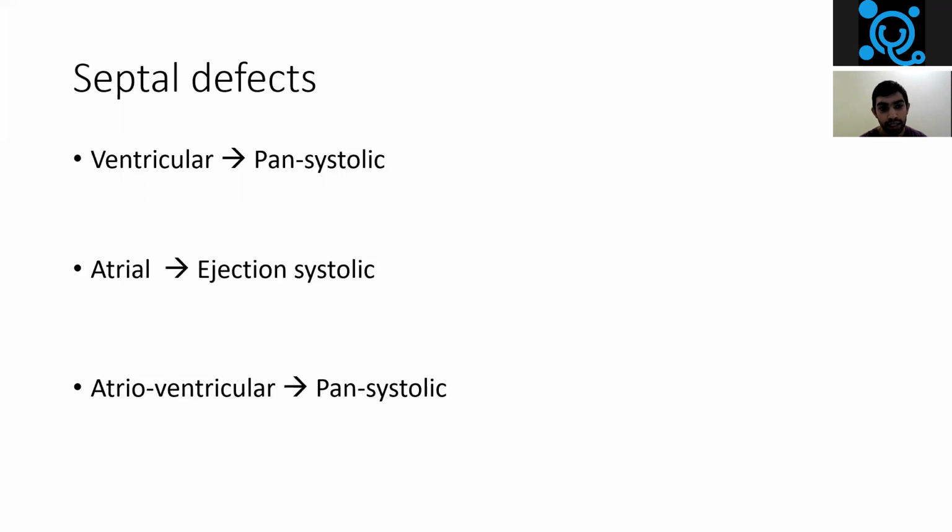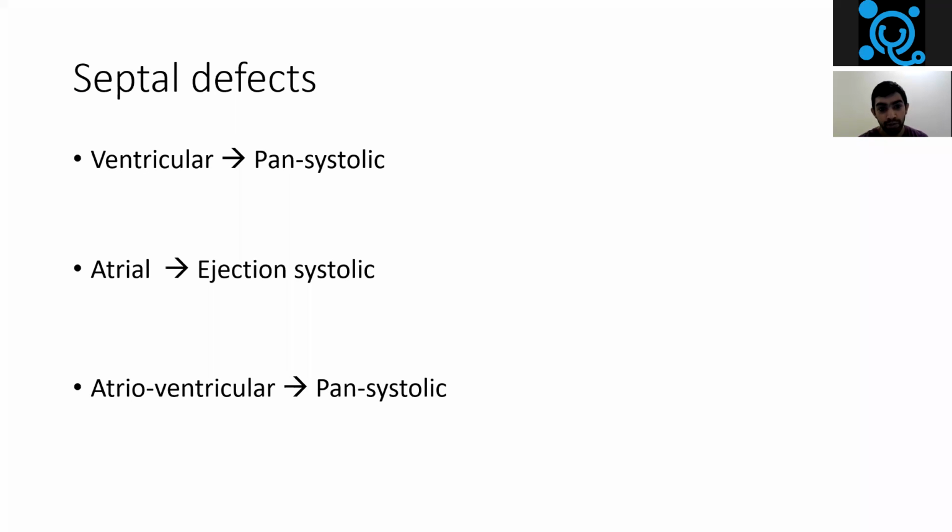And the reason this happens is because blood passively flows from the atrium during cardiac relaxation. With the heart being tilted and higher pressures on the left side, it tends to go from the left atrium to the right atrium. But this is a low pressure system, so you wouldn't get a murmur here typically.